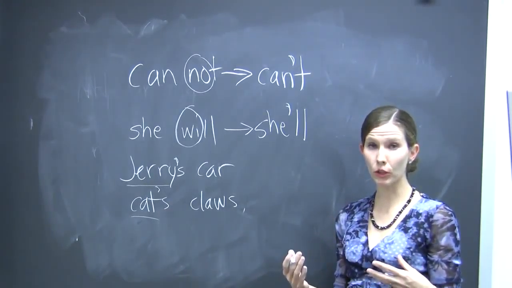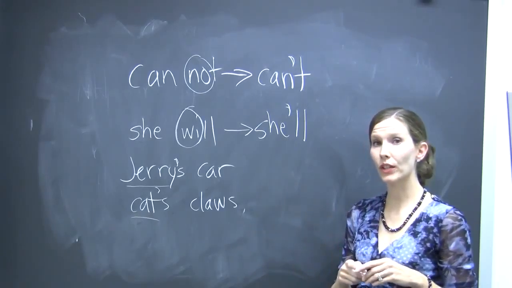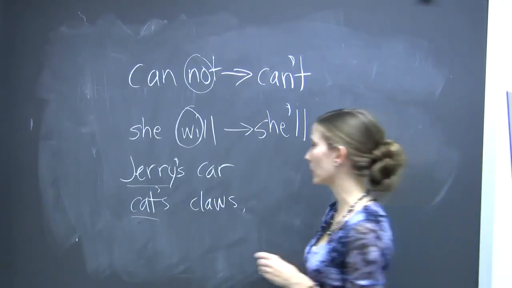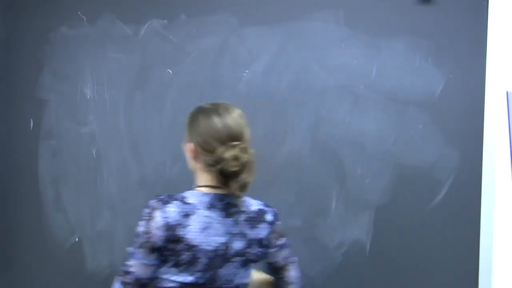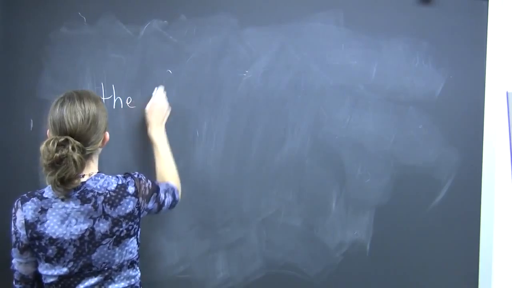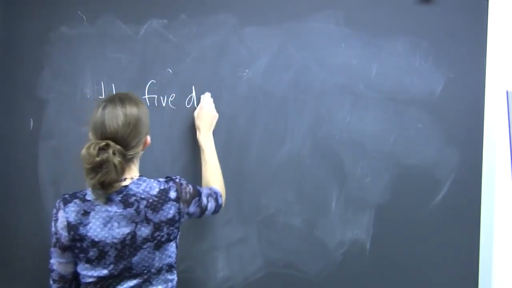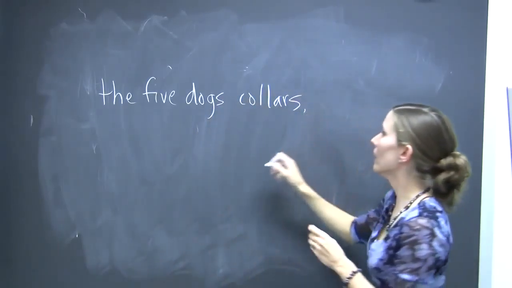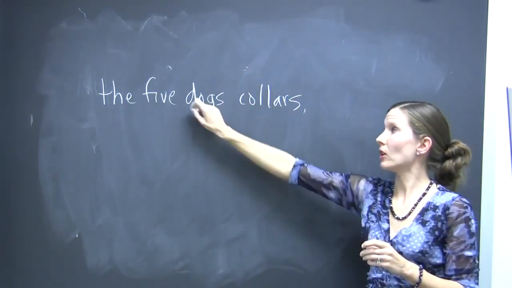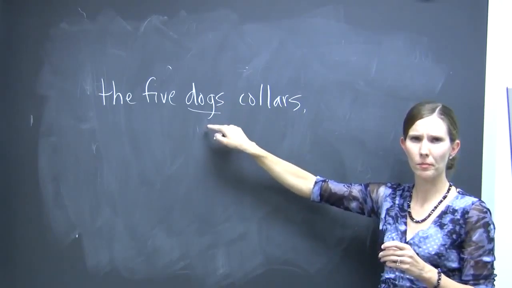If you're dealing with a plural noun, then the apostrophe goes in a different place. Let me show you an example. In this case, the collars belong to the dogs, and dogs is plural.